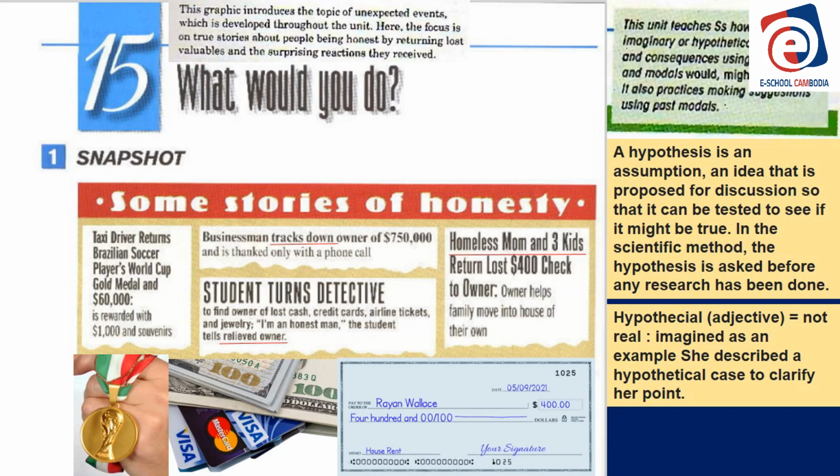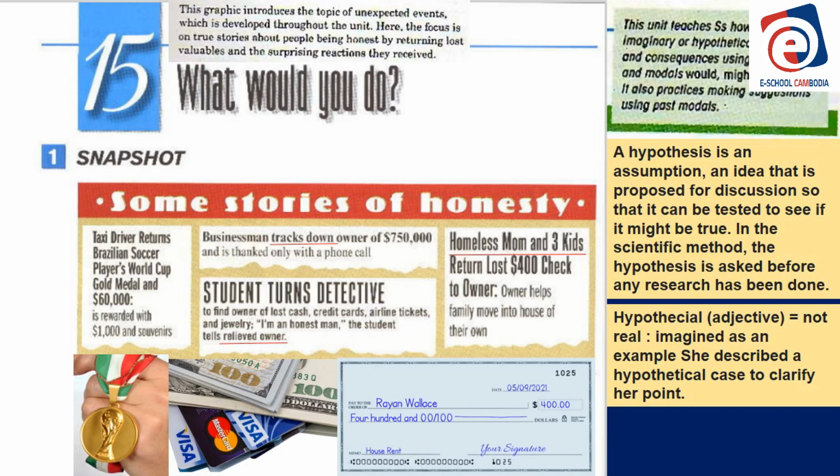All right, so here's a businessman, and apparently one of his customers lost $750,000. And the businessman found it, he solved the problem, but he did not get a reward. All he got was a telephone call. Thank you for helping me out. Goodbye, good luck. So very different. Some people get a reward for being honest, and some people don't get a reward for being honest.